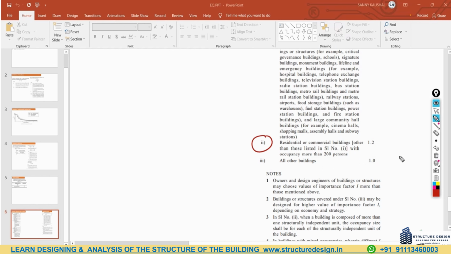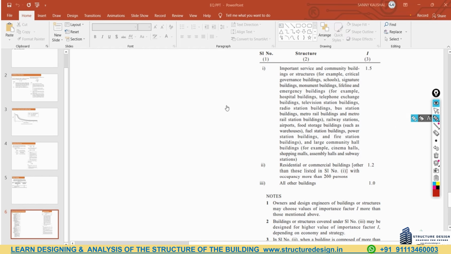If you look at the second row, it is clearly written that a residential or commercial building other than those listed in serial number 1, with occupancy of more than 200 persons, needs an importance factor of 1.2. If the building is not in serial number 1, like the metro building and this type of building, and the occupancy is more than 200 people, you have to use 1.2 as the importance factor, or the rest of the buildings use 1 only. No need to give any extra factor there.